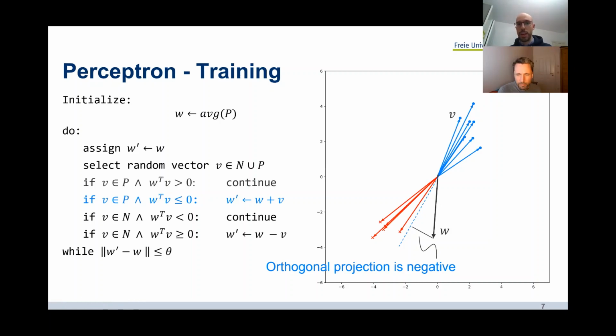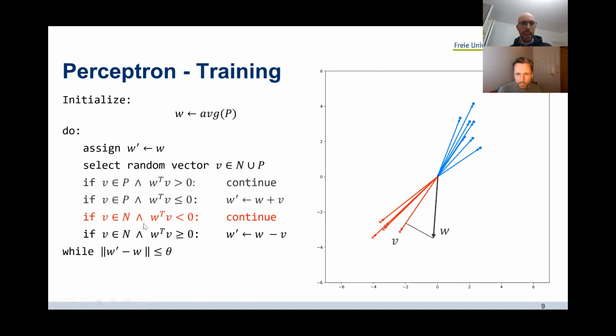What we want to do here is shift our W in the direction of the V. This is actually fairly similar to Oja's algorithm, if you remember that. So what we do is we add our vector V on top of the W and end up with a new vector, W prime. And the negative case is basically just the same, only inverted.